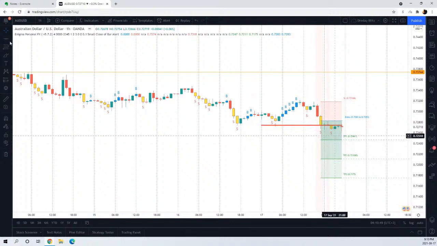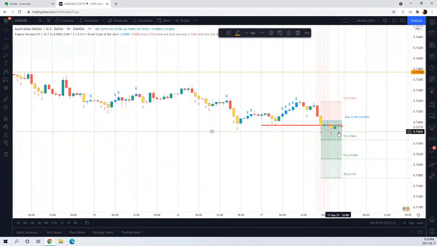I'm pretty sure that if we analyze the fundamental bias for next week, the AUD USD pair will still continue to go down, but we'll see, because right now we had an Enigma signal for a sell really at the end of the day, and the entry was right there.